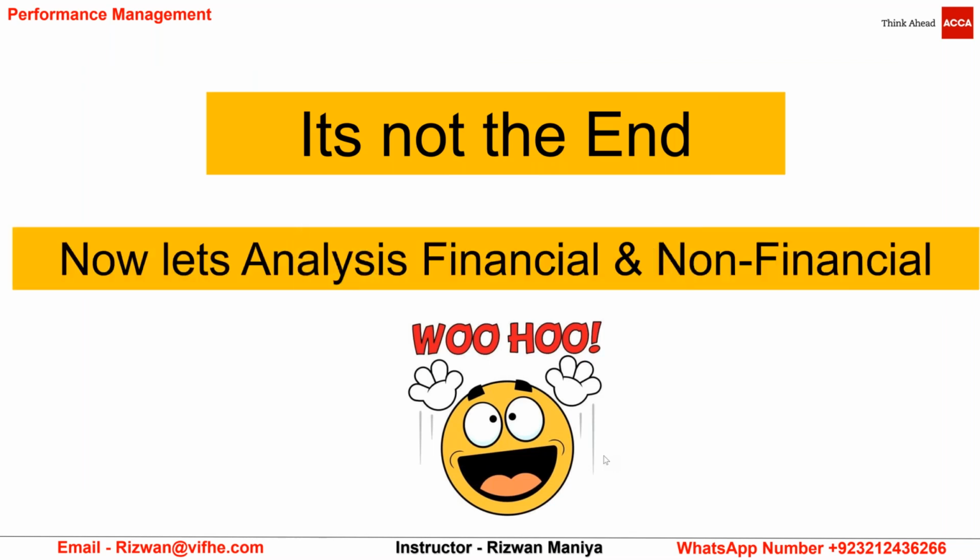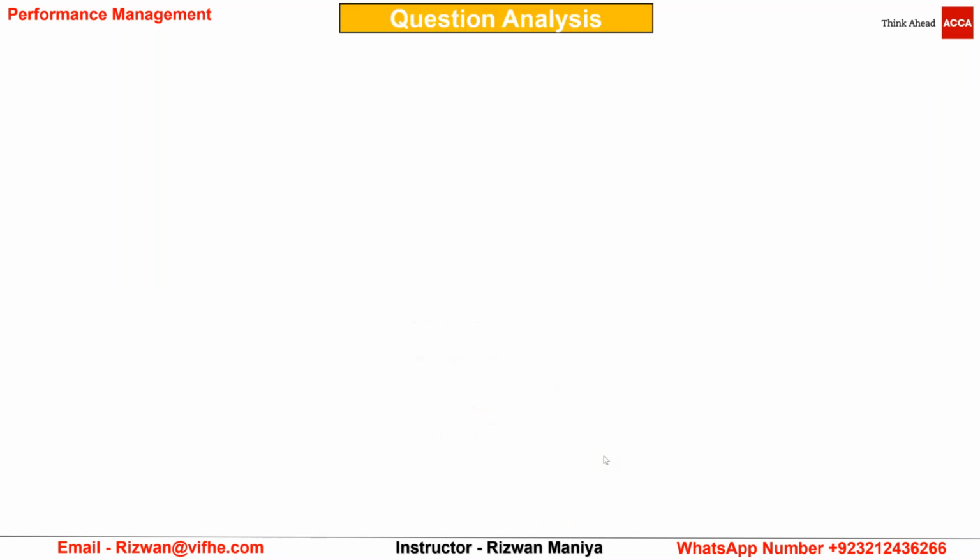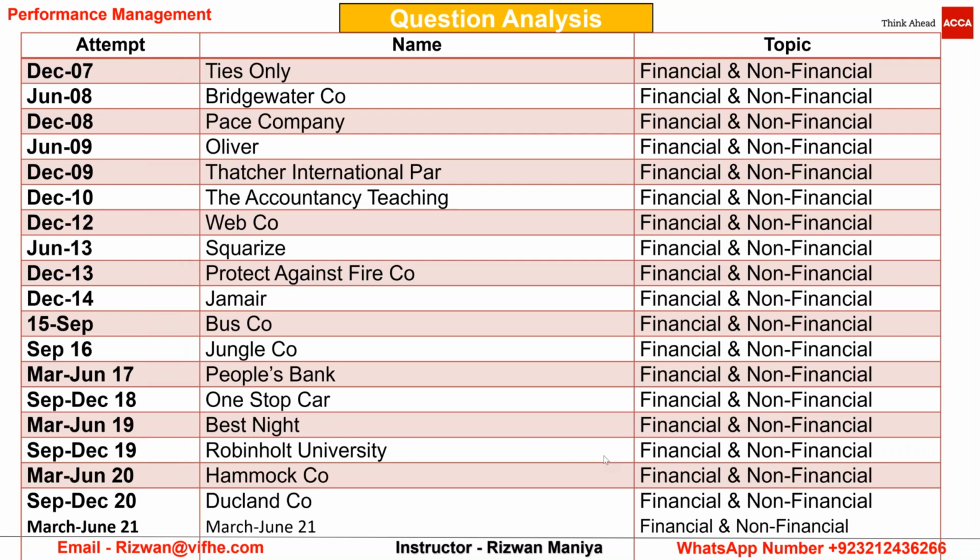It's not the end. Why? Because now I'll show you the analysis of financial and non-financial only, separately. These are the topics that have been tested in the paper 19 times.